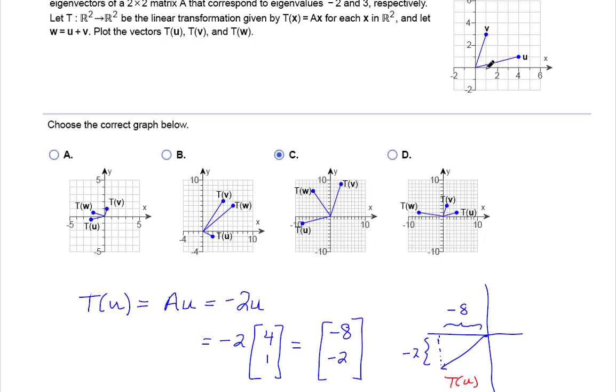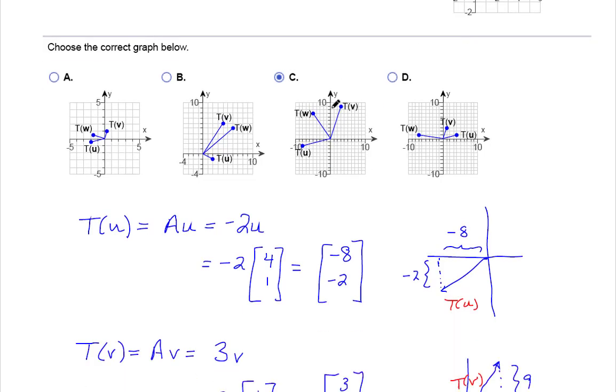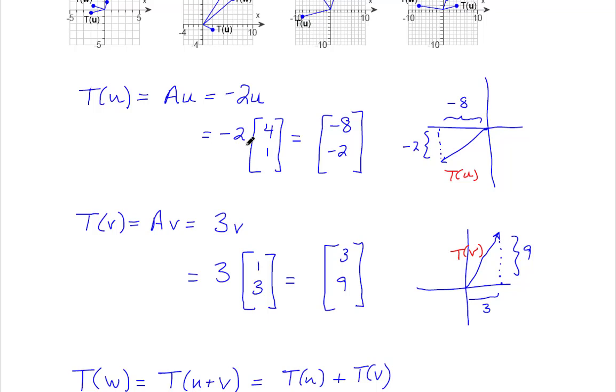v is (1, 3). All right, so what I get then is -2u. I find out what that is. And so T of u is this vector, which is (-8, -2). T of v is A times v, but A times v is its eigenvalue multiplied by v.